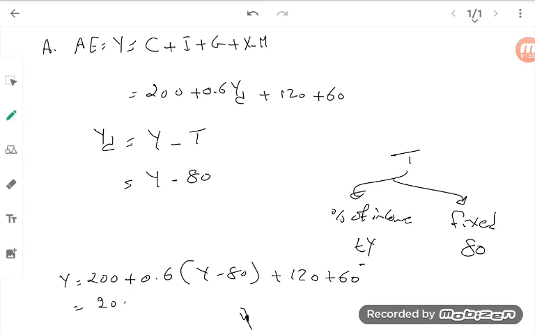It's 200 plus 0.6Y, minus 80 multiplied by 0.6, it's 48, plus 120 plus 60.